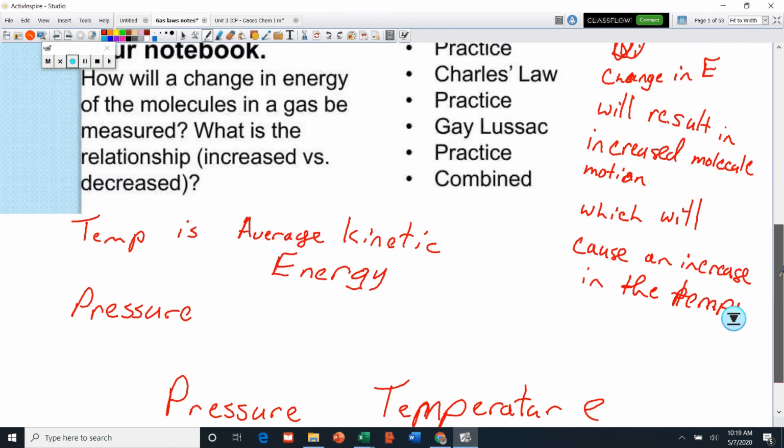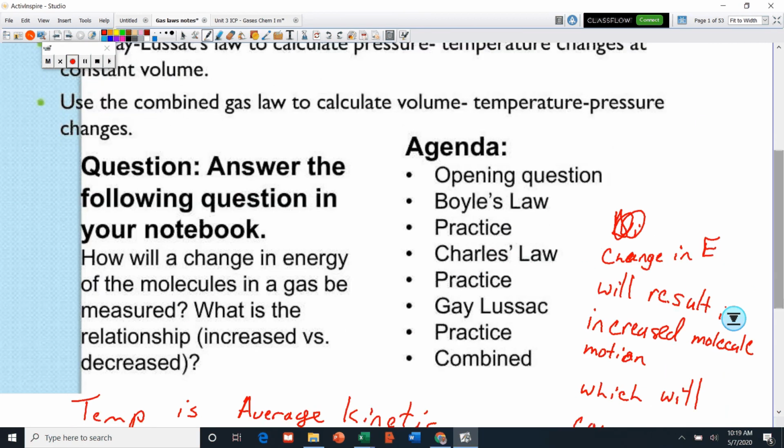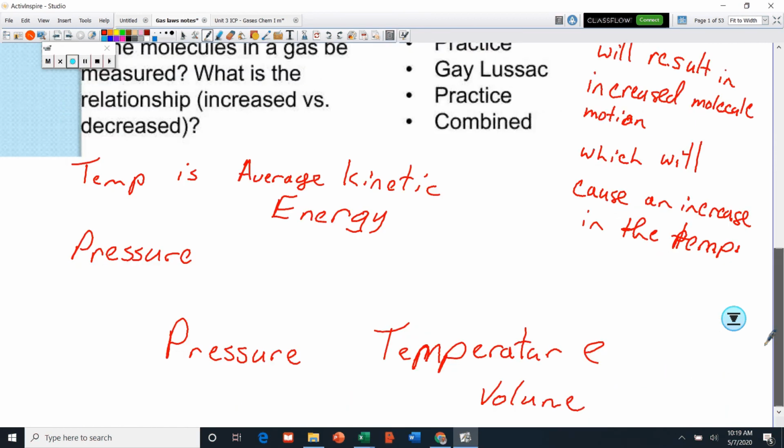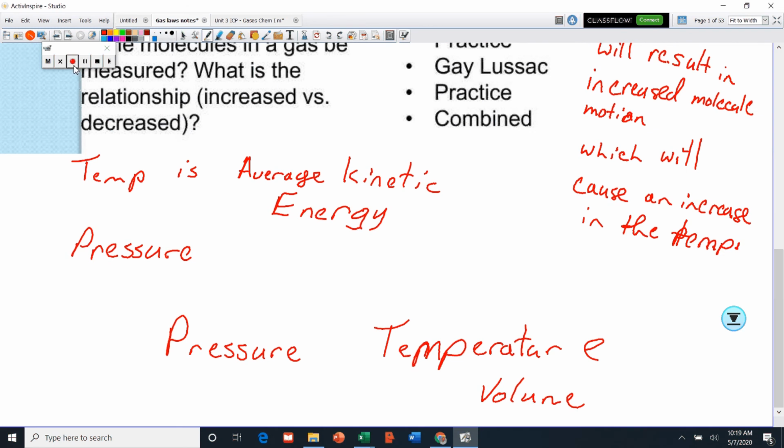If we change the temperature, we affect the pressure and the volume as well, depending on the type of container, whether it's a fixed volume like a canister, a propane tank or something like that, or if it's a flexible container like a balloon or a car tire or basketball that can stretch slightly, those types of things.